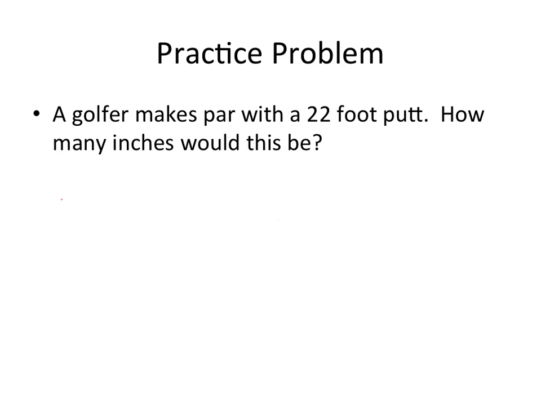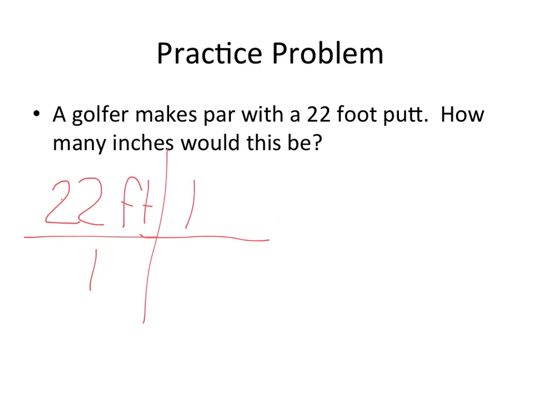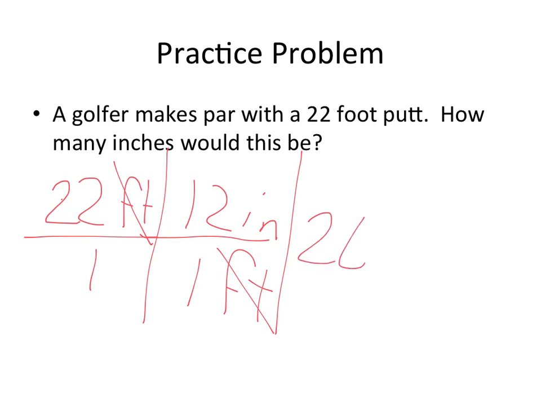So we will again use 22 feet. Okay. Then I'm going to put my picket fence there and show my conversion factor. It's again 12 inches in 1 foot. My feet will cancel again, and then my answer will be the same, 264 inches.